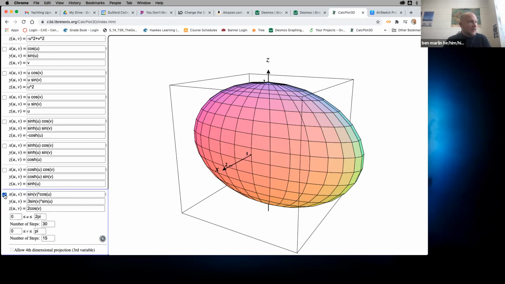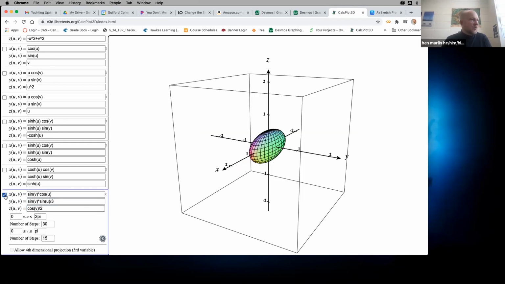I'm sorry, I was supposed to divide instead of multiply. My bad. So divide by 3, divide by 2, and then it will squish them in the y direction and the z direction, whereas it left it alone in the x direction.